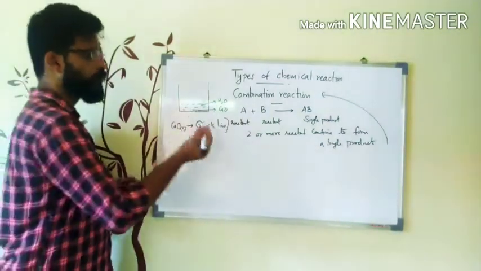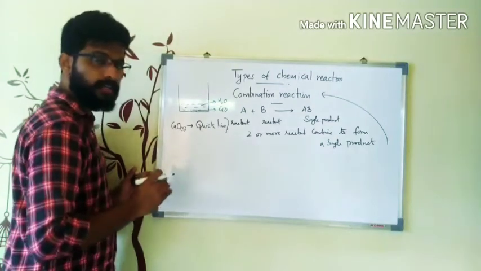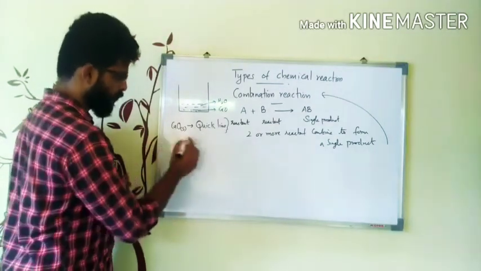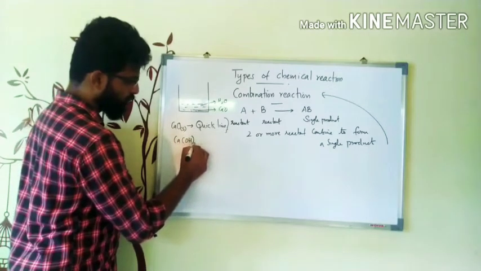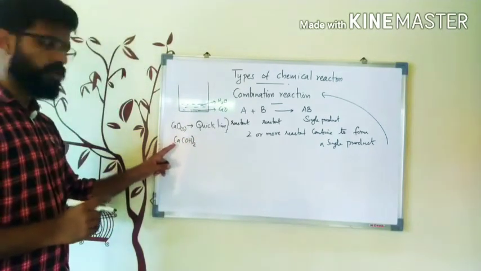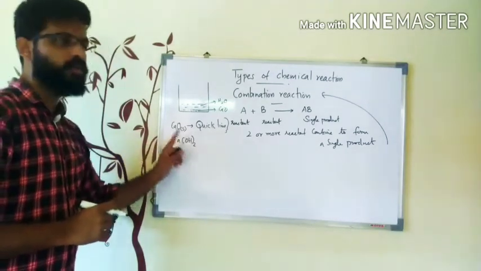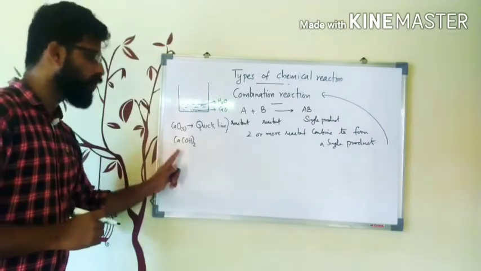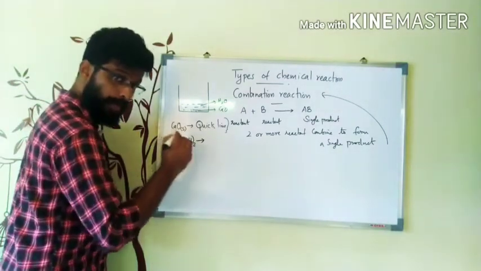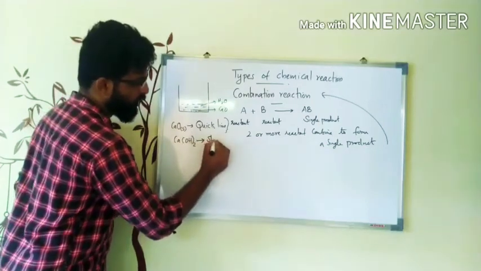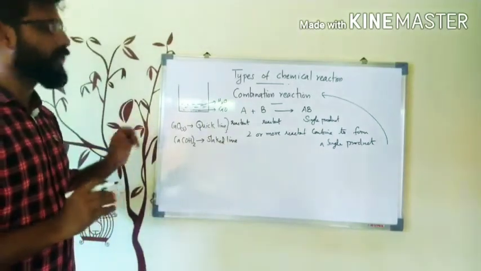The reaction takes place and you will get a new substance called calcium hydroxide, with formula Ca(OH)2. Its common name is slaked lime. It's very important.